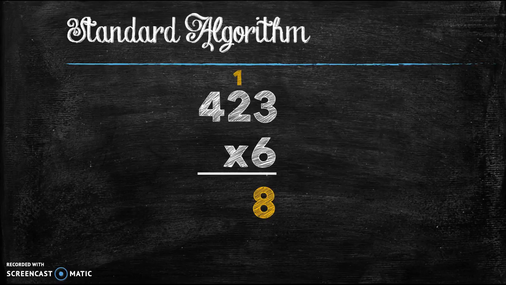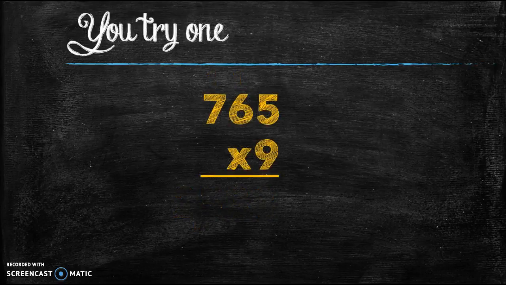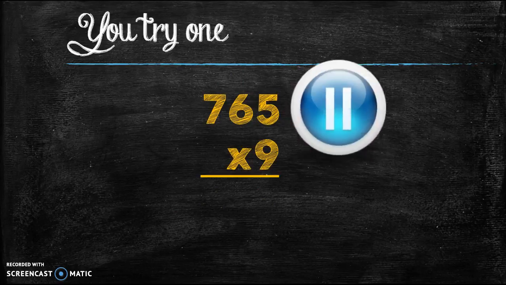So now we're going to do 2 times 6, which is 12, and then add our carried over, which gives us 13. So once again, we're going to carry a 1. Then 4 times 6 is 24, plus 1 is 25. So we'll put our decimal point, or I'm sorry, our comma in there, and we'll show that the answer is 2,538. Pretty simple, right?